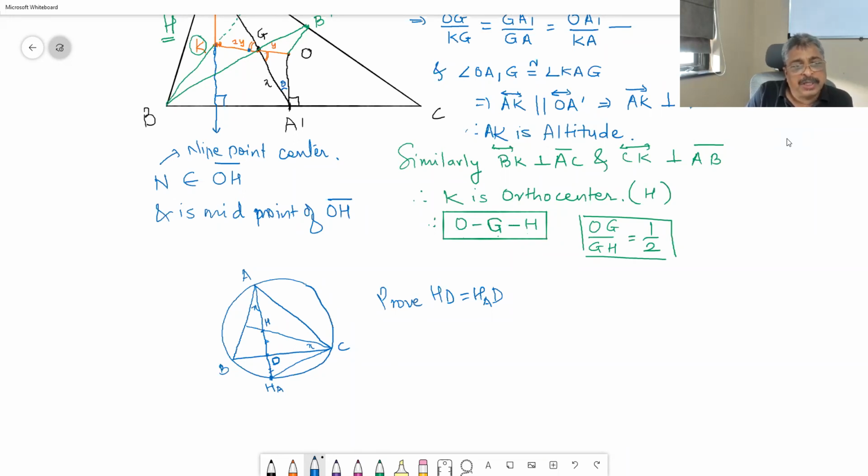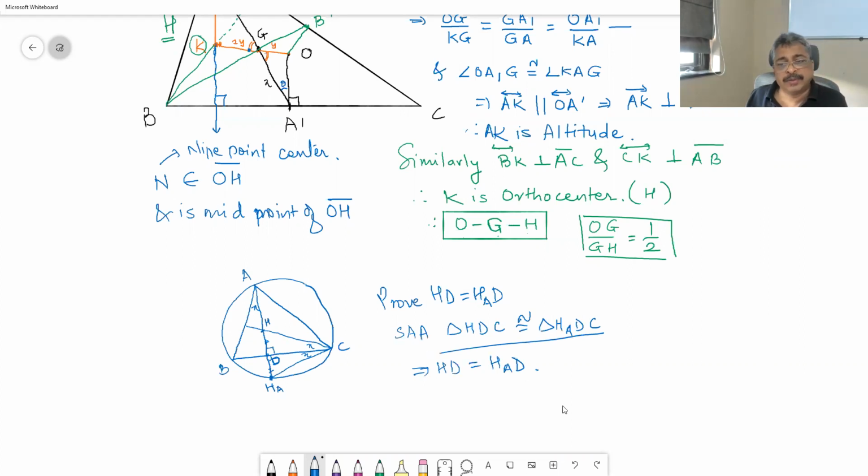And if you consider segment BHA dash, it inscribes x angle at A, therefore it will inscribe x angle at C, and these two angles are 90-90, therefore by SAA, triangle HDC is congruent to triangle HADC, which implies HAHD is equal to HAD.